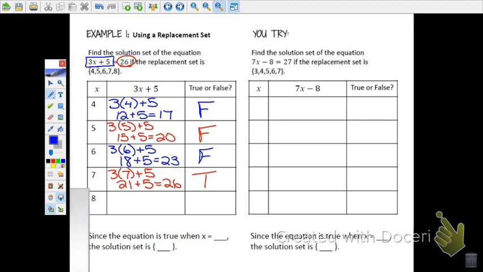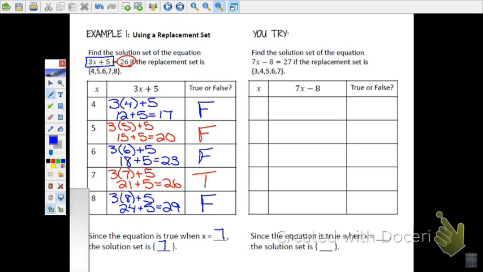And then 3 times 8 plus 5. 3 times 8 is 24. Plus 5 is 29. And that is false. So then down below that, it says, since the equation is true when x is equal to 7, the solution set is 7.